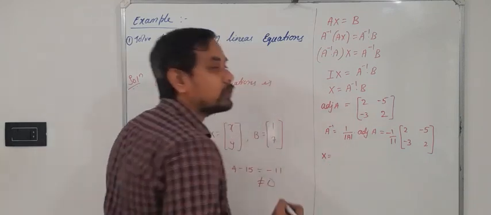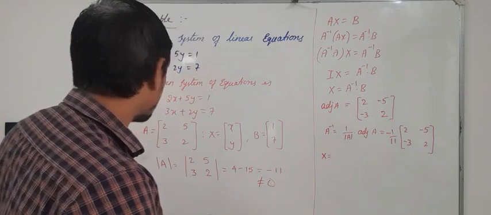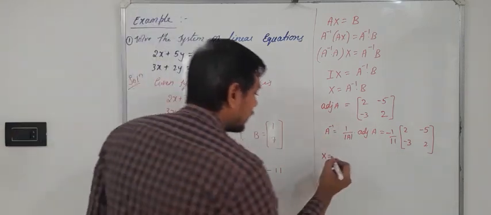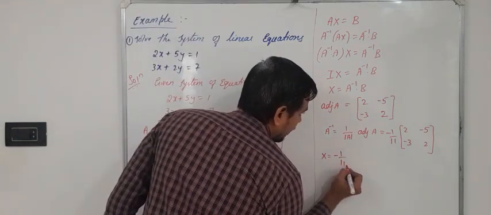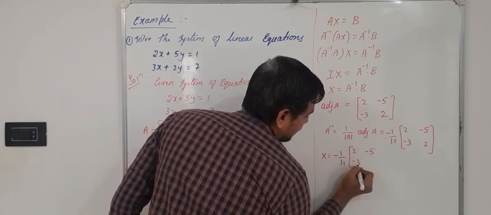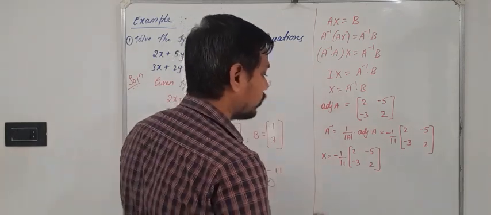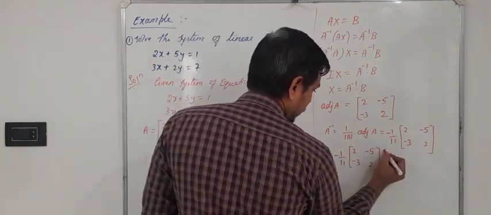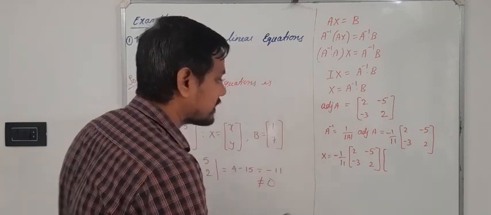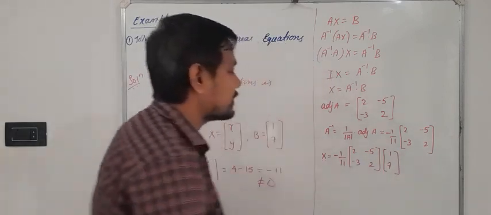X is equal to A inverse into B. A inverse is what? We have already calculated. Minus 1 upon 11, 2, minus 5, minus 3, 2, okay, into B. B is how much? 1, 7, right?